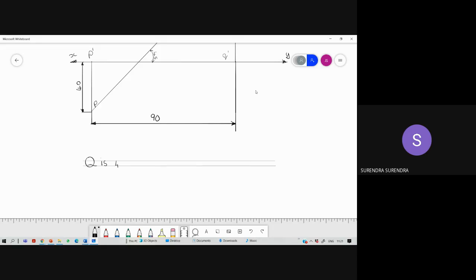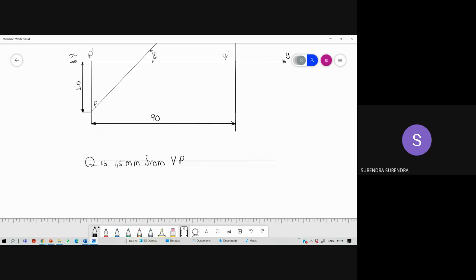Whether it is in front or behind is given in the problem; here it is behind the VP. So Q is 45 mm behind VP, or 45 mm from the vertical plane. Both are correct.